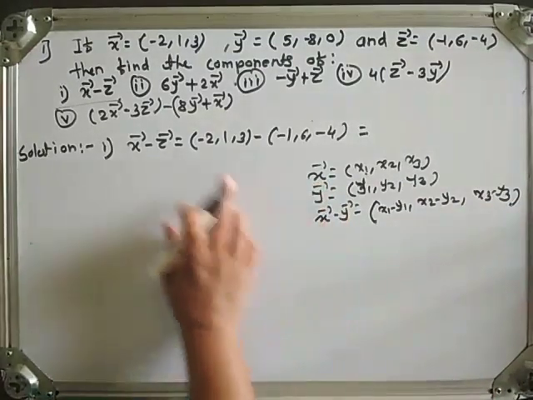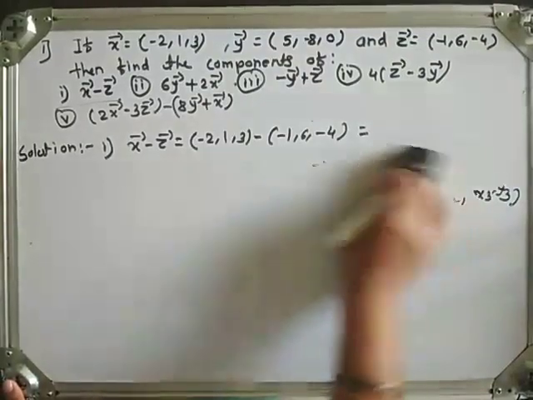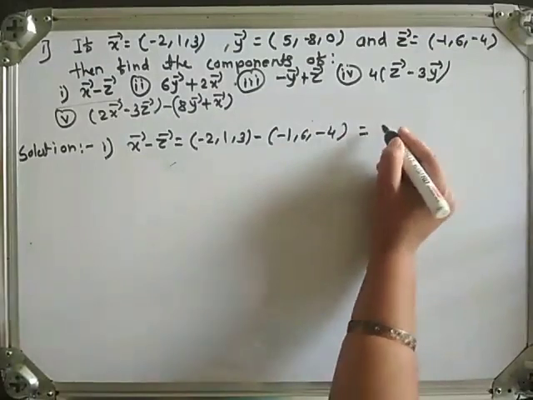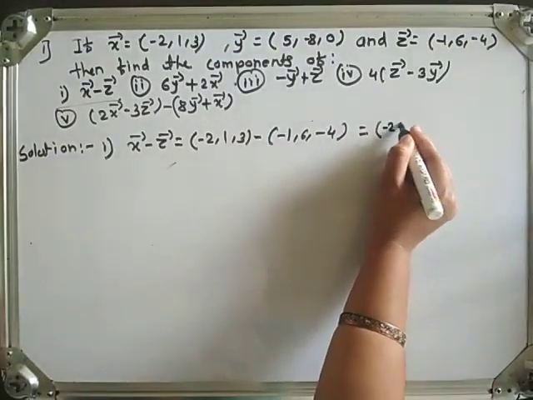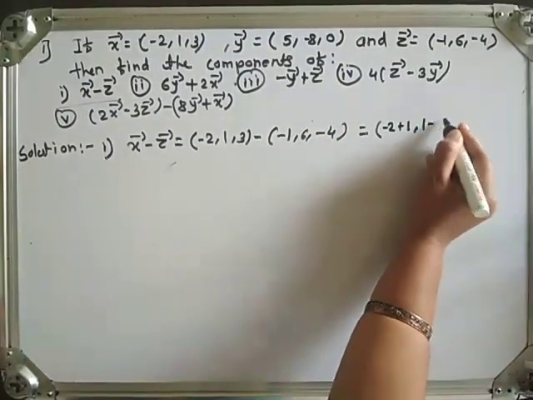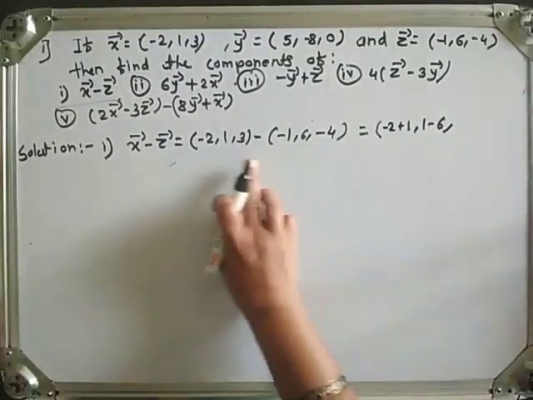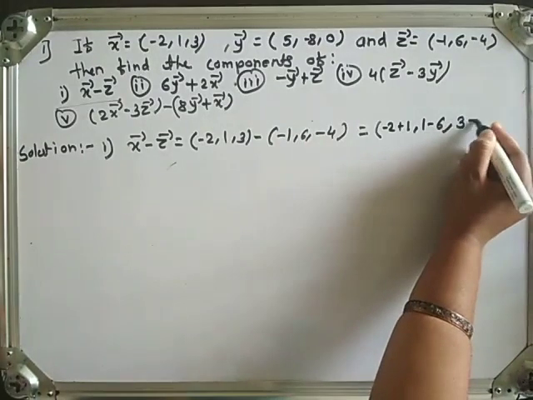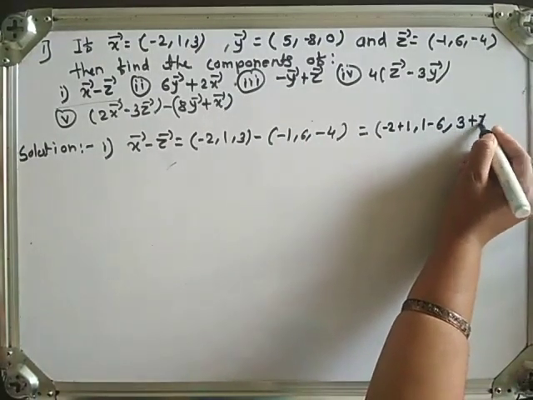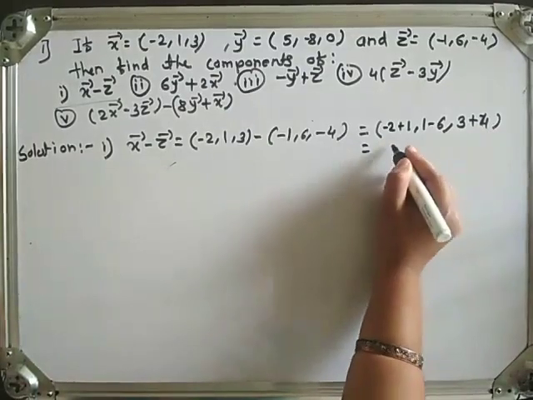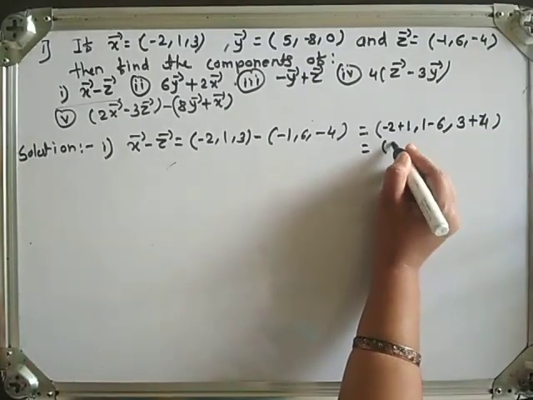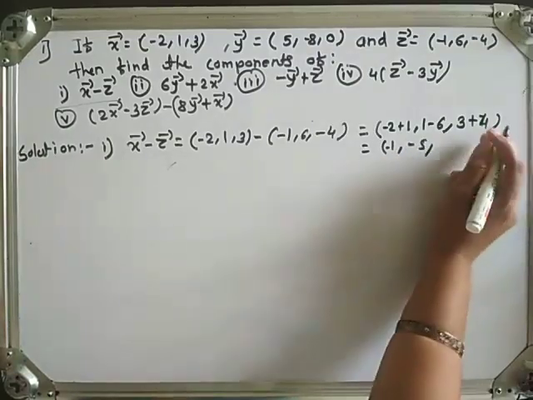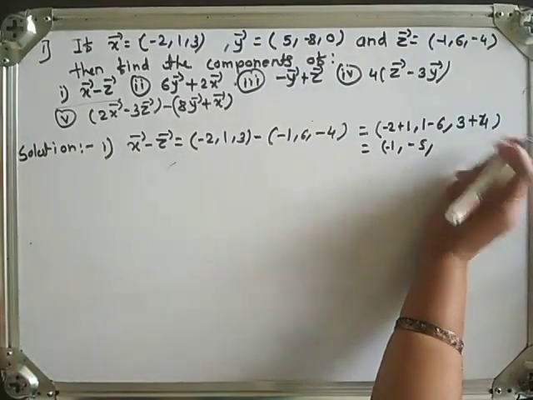Applying this here, what we get is (-2 plus 1, 1 minus 6, 3 minus minus 4, which becomes 3 plus 4), which is nothing but minus 2 plus 1 is minus 1, 1 minus 6 is minus 5, and 3 plus 4 is 7.